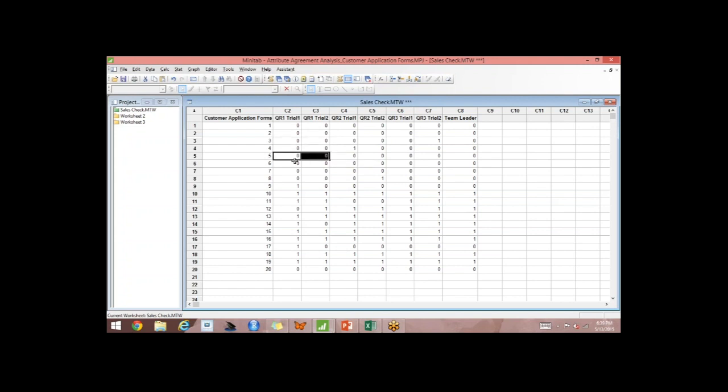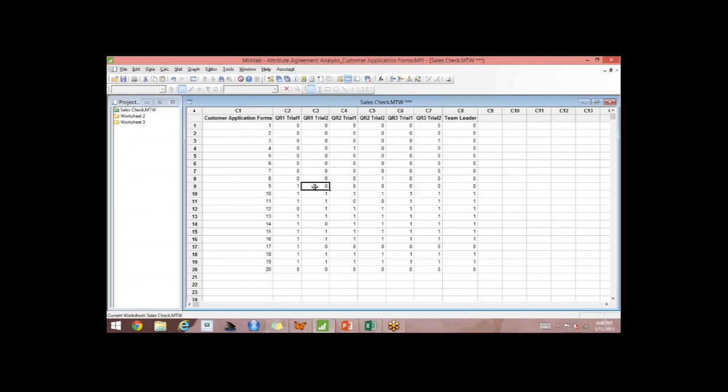Fourth, fifth, sixth, seventh, and eighth. For all of these, he says customer application form is incomplete. And he interestingly agrees with himself in both the trials. Look at this application number 9. In his first trial, he's saying customer application form is complete. In the second trial, he's saying it is incomplete. So he is not agreeing with himself.